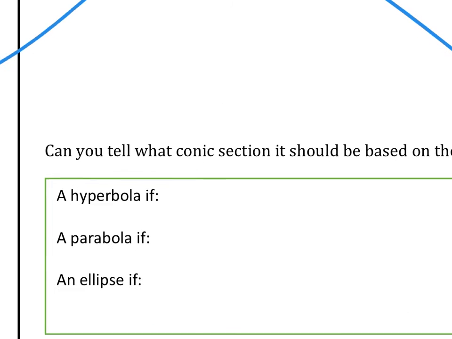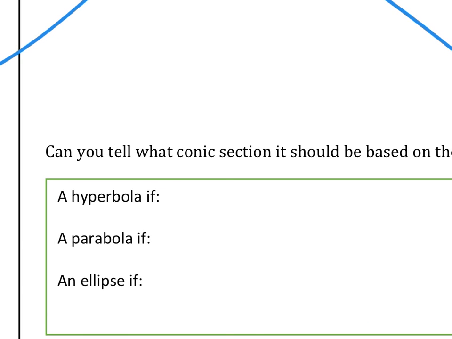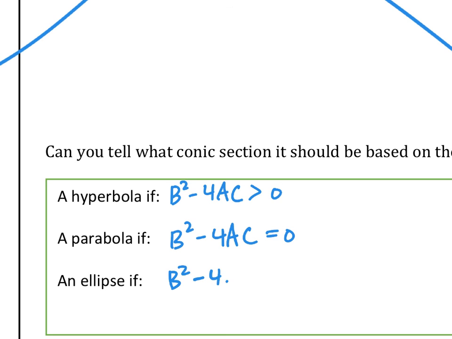All you need to do is find b squared minus 4ac. This is from the general conic equation, not from the quadratic equation, so be careful there. If it's greater than 0, it's a hyperbola. If it's equal to 0, it's a parabola. And if it's less than 0, it is an ellipse.